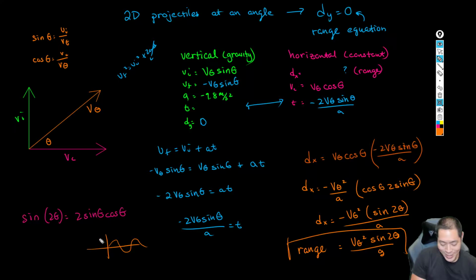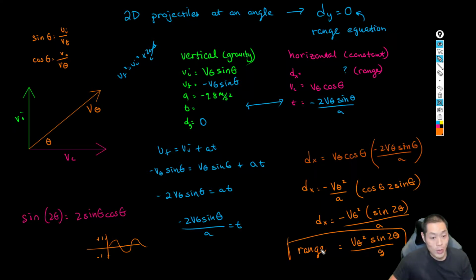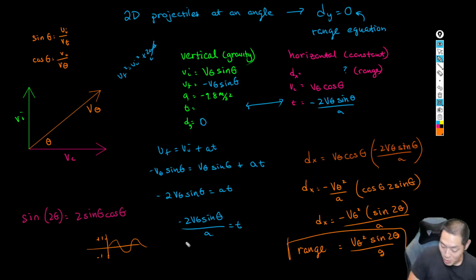And if it doesn't have anything, the biggest number here is +1. The smallest number here is -1. So if I want the furthest range, I want sine of whatever this entity is to be 1, because that's as big as it's going to get. So if I wanted this to be the biggest, it would be 90.